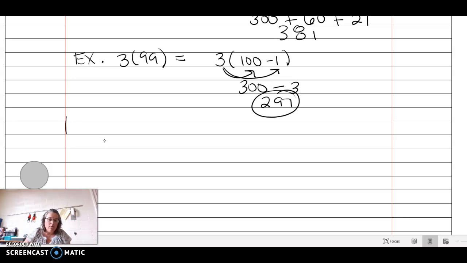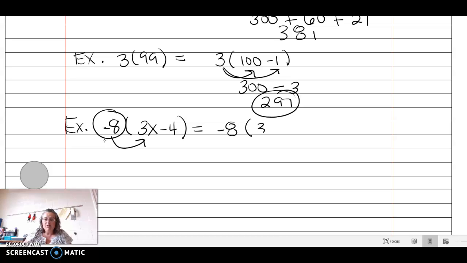Want to kind of go over when we get into some negatives. If I did negative 8 times 3x minus 4, we have to be careful. I have the negative 8 times, and you always take the sign in front, so I always like to circle that. So we take the negative 8 times the 3x, and then I have a minus the negative 8 times 4.